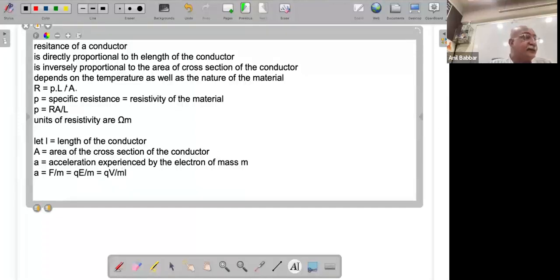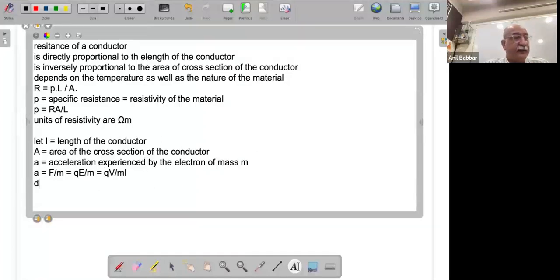This is the expression, and we know the drift velocity v_d is equal to a tau.